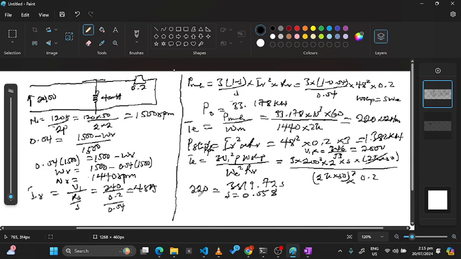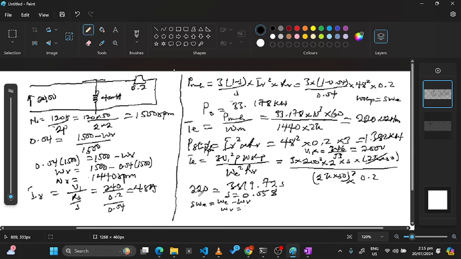Then if this is now our slip, we can find the rotor speed now. Because we know slip S omega E is equal to omega E minus omega R, right?